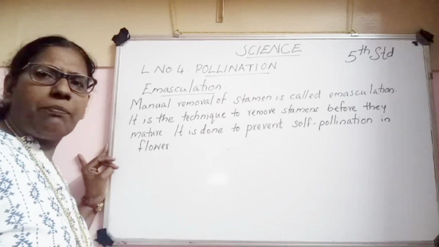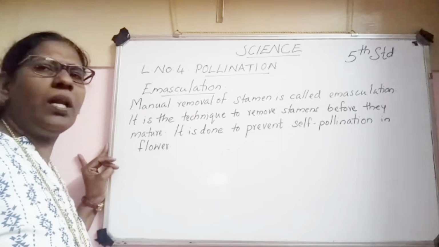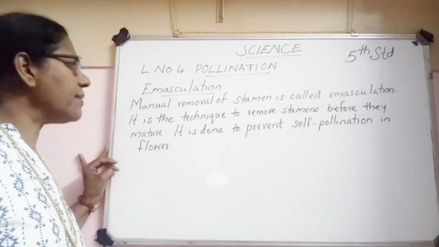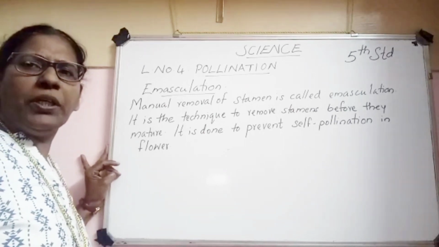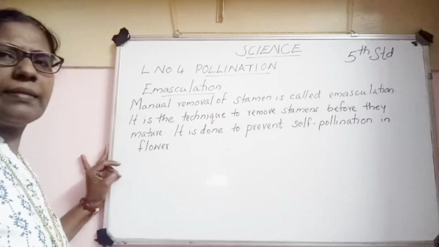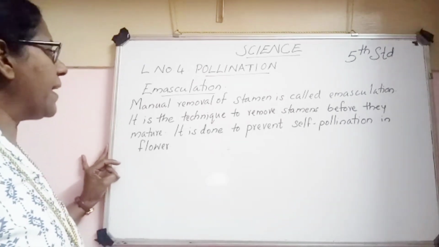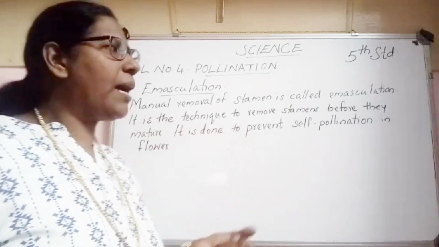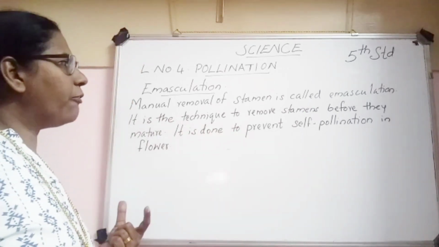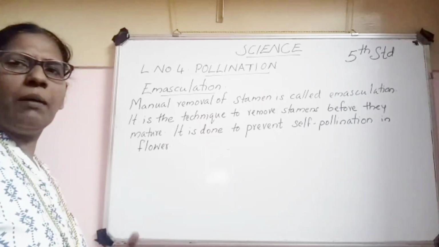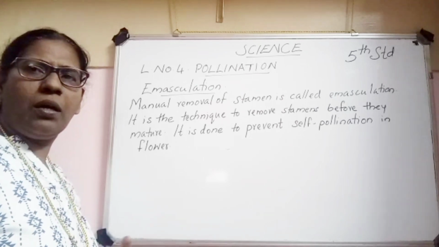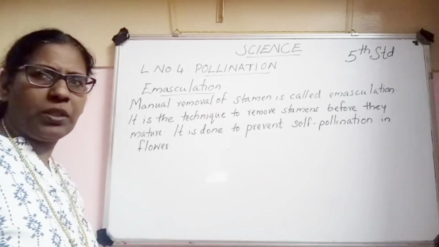Emasculation is a process. What process is it? Manual removal of stamens. And that is done to prevent self-pollination. It should be done before the stamens become mature.